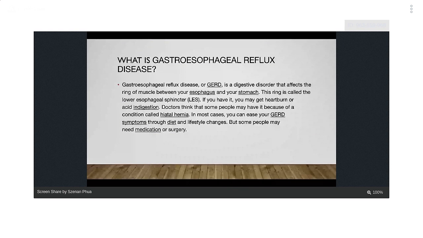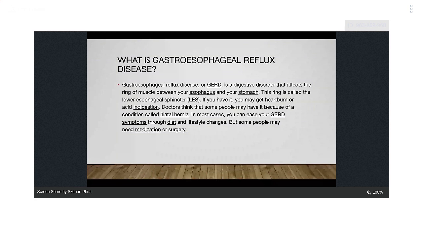Doctors think that some people may have it because of a condition called hiatal hernia, maybe, but not all the time. In most cases, you can ease your GERD symptoms through diet and lifestyle changes, but some people may need medication or surgery. Yeah, that's true.